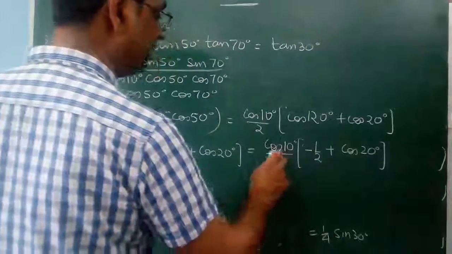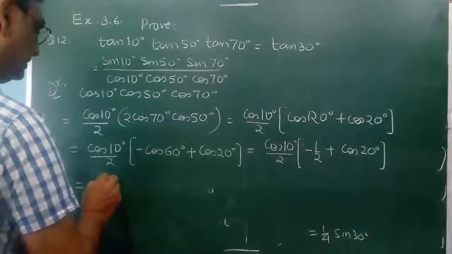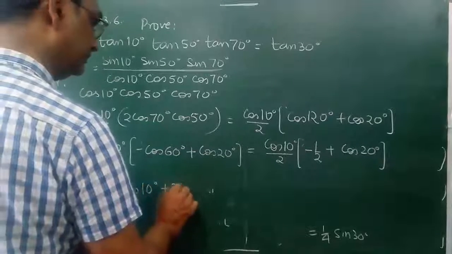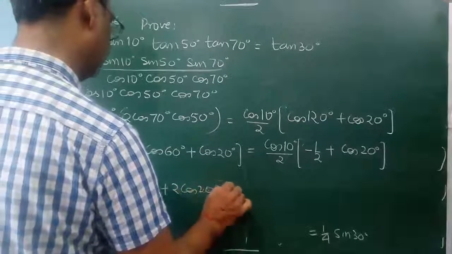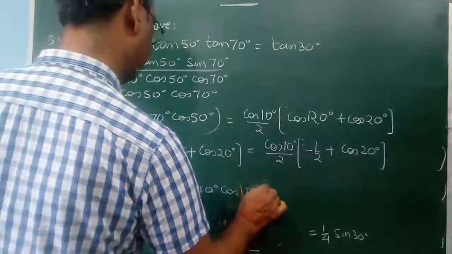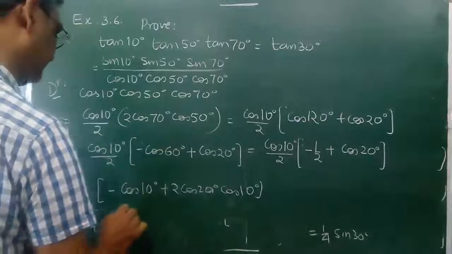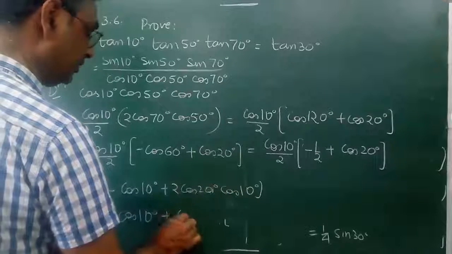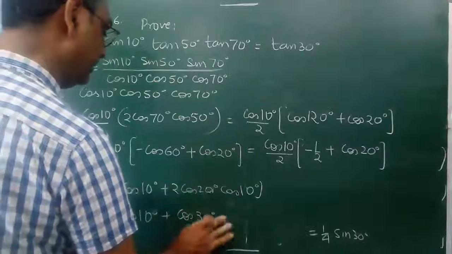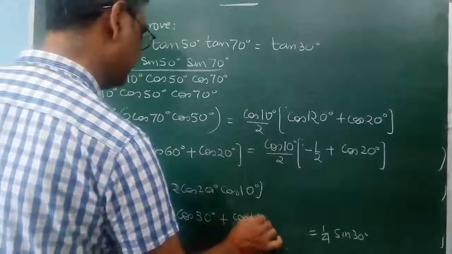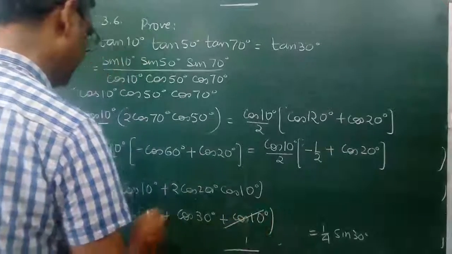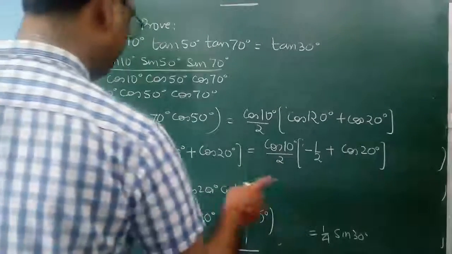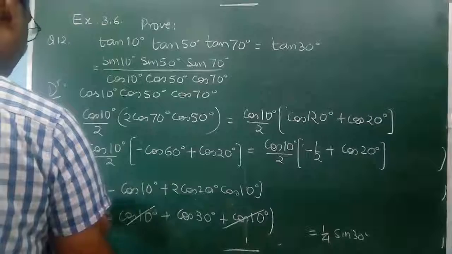This 1 by 2 we can take out and we can multiply by cos inside. 2 cos A cos B means cos A plus B plus cos A minus B, and these two will be getting cancelled, and this is already there. So we can have it 1 by 2. So here it will be 1 by 4.